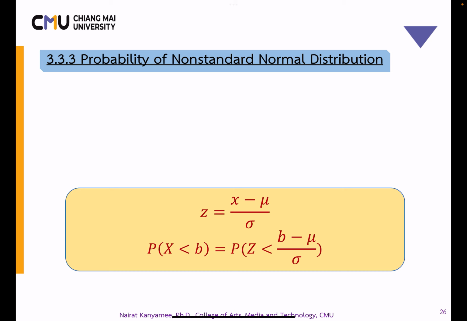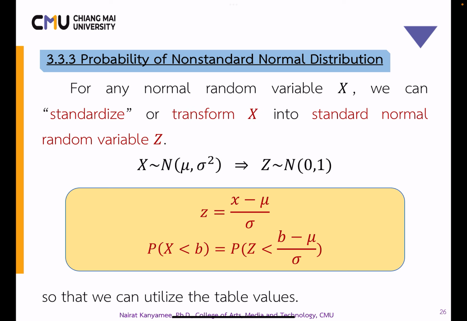Now, for the non-standard normal distribution, non-standard means the mean is not 0 and the variance or the standard deviation is not 1, right? For the regular normal distribution in general, how to find the probability?